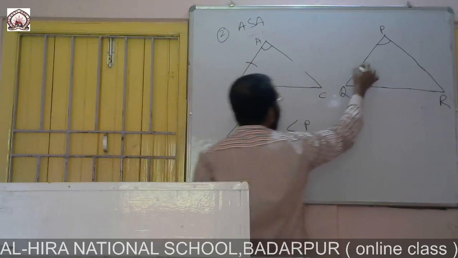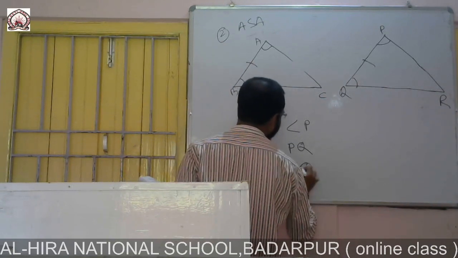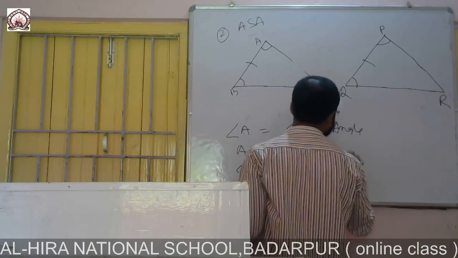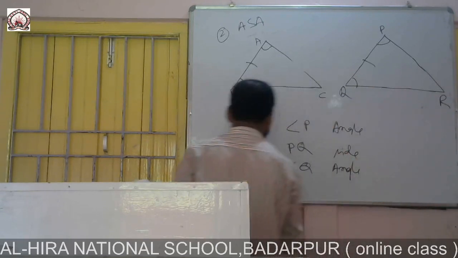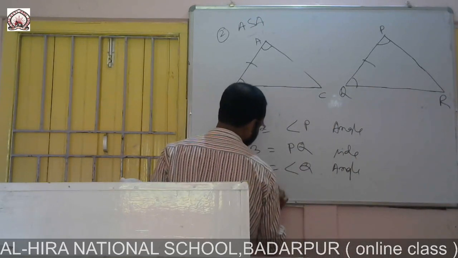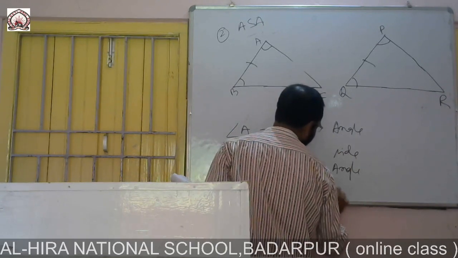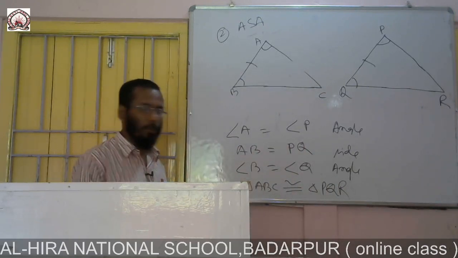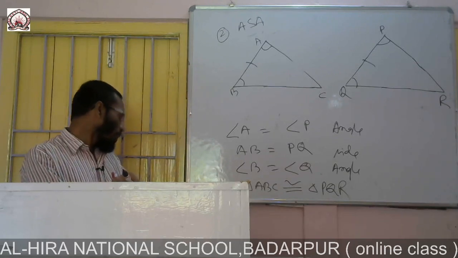Then we can say angle side angle. So this is another property, and ABC is congruent to triangle PQR. This one is ASA.